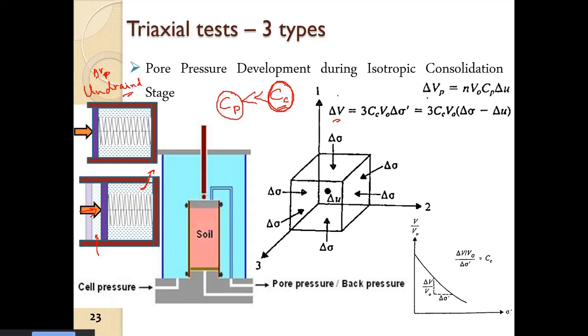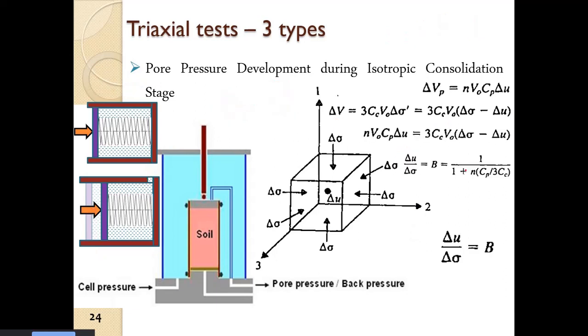Therefore, delta Vp is very, very less compared to delta V. So for practical cases, Cp is much less than Cc, so this ratio is much lesser than 1, and we can say that B is approximately equal to 1.